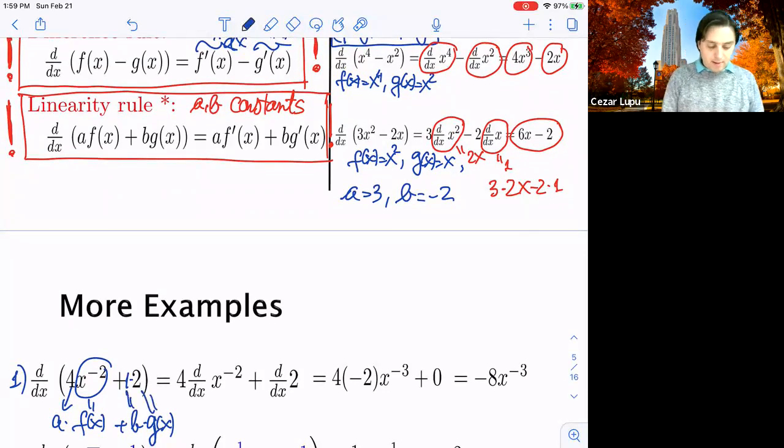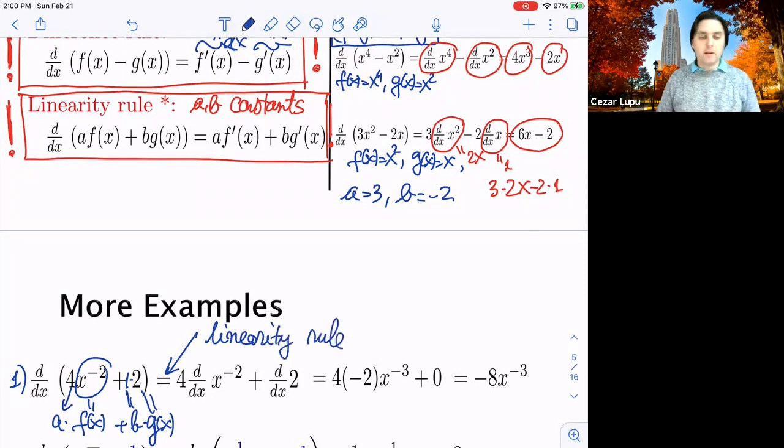So again, by the linearity rule, we have that this is equal to 4 times the derivative of f, which is this guy here, with respect to x, plus the 1 that you see here, the constant, times the derivative with respect to x of the constant g, which is 2.